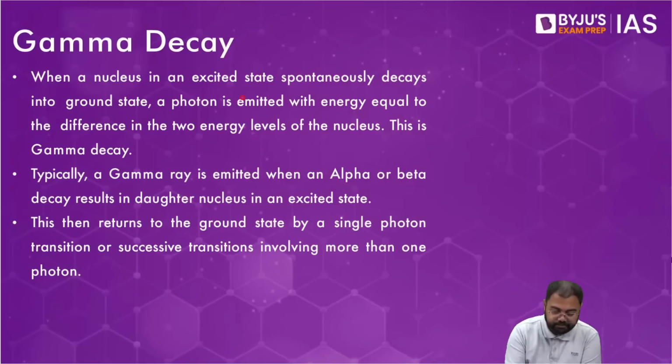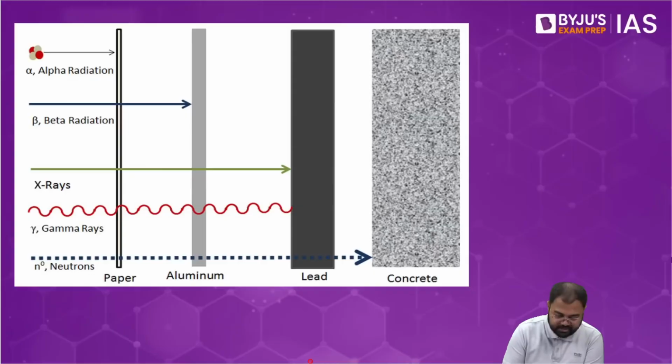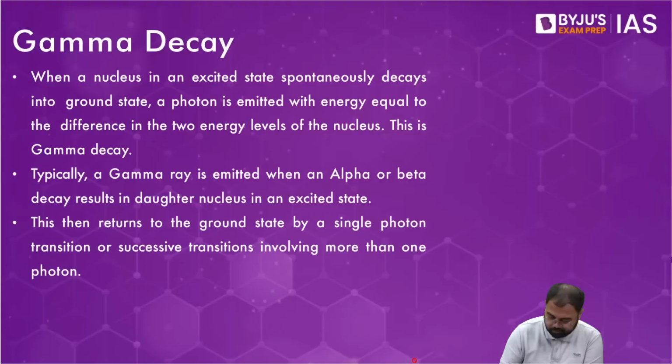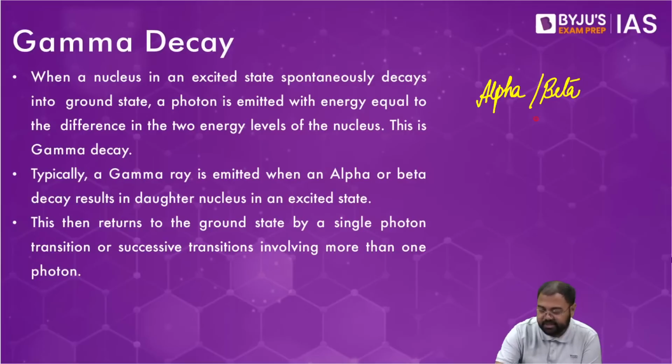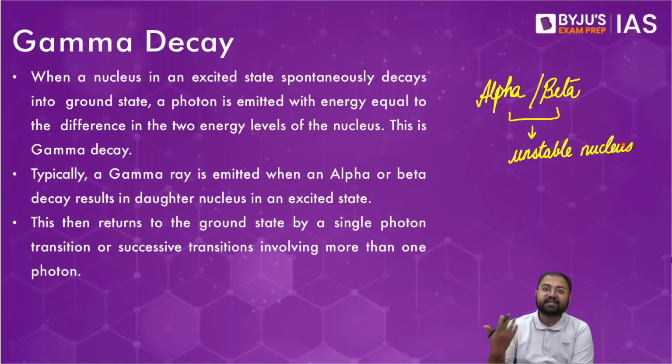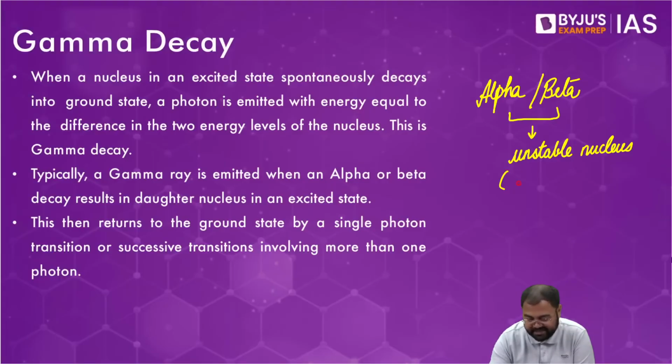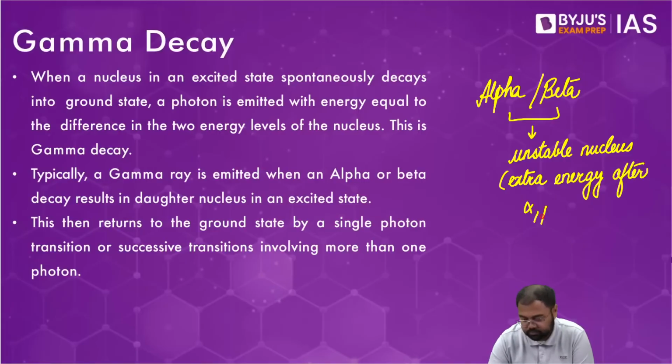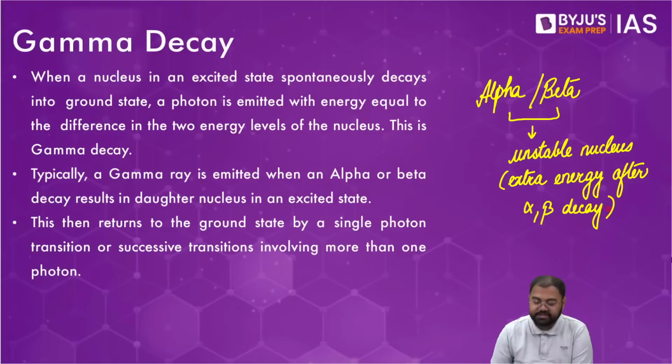When we are talking about any alpha or beta decay, in both cases what is happening is we get an unstable nucleus initially, which is getting to stability, but this unstable nucleus also has extra energy after alpha or beta decay.